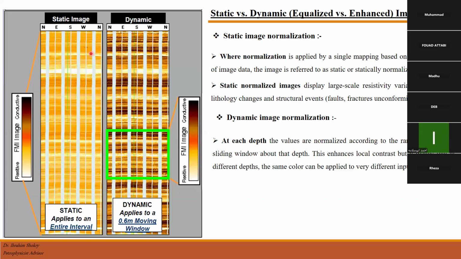So the difference between them is that the static image has one color palette along the borehole image from the top to the bottom, while the dynamic image has another color palette, introduced in your image for a small or short interval. We may apply a color palette to your borehole image every 1 foot to get it in a dynamic range.